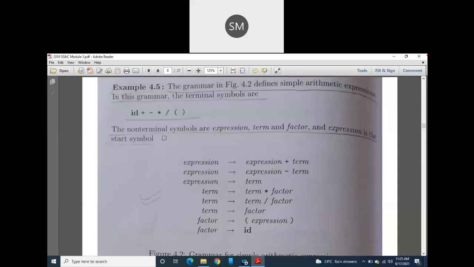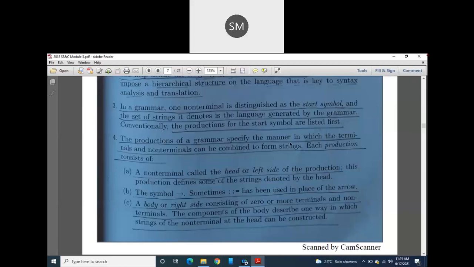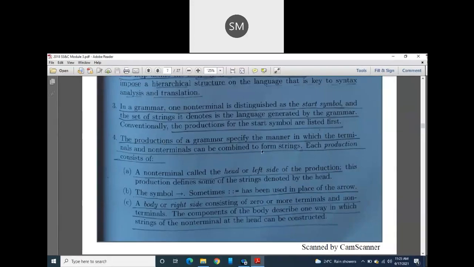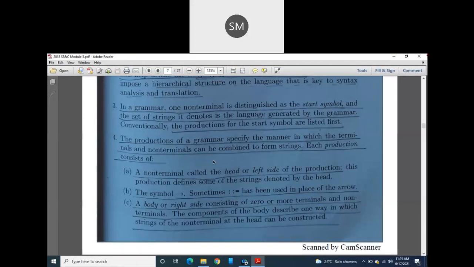Clear? Then next is the production of a grammar. It specifies the manner in which terminals and non-terminals can be combined to form a string. How does every production look? There will be a non-terminal called the head, or LHS, or left side of the production.